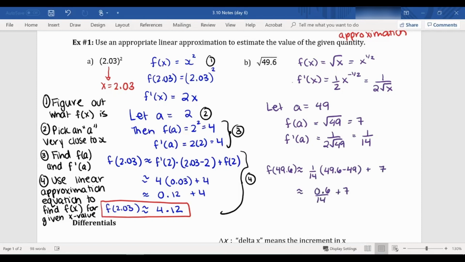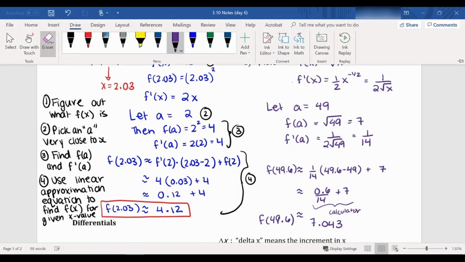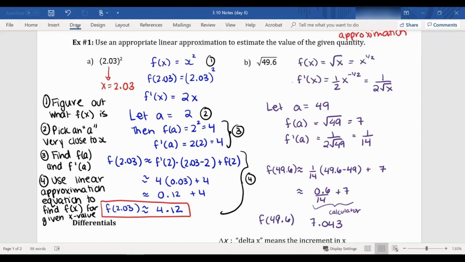Now this one you would need a calculator for, to do your 0.6 over 14 bit and add that to 7. If I plug this portion into my calculator, I get approximately 7.043. And so you have to plug square root of 49.6 into your calculator and see how close that is.